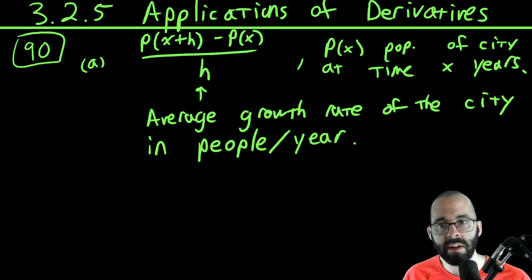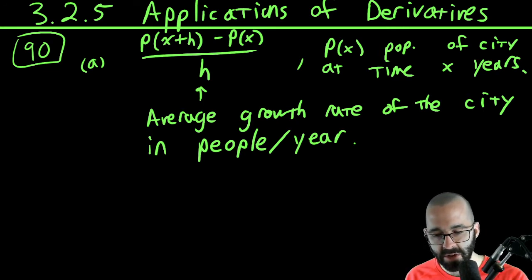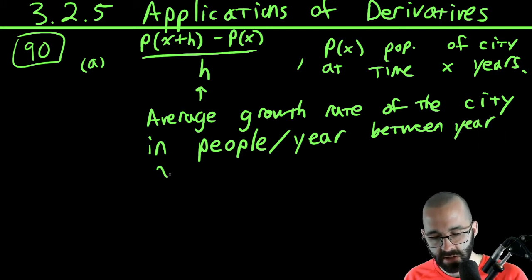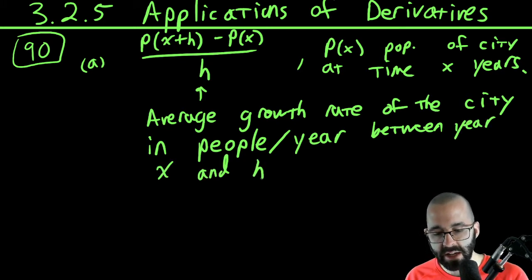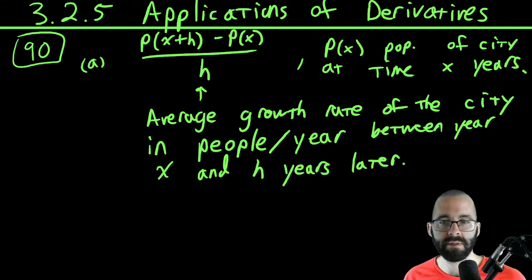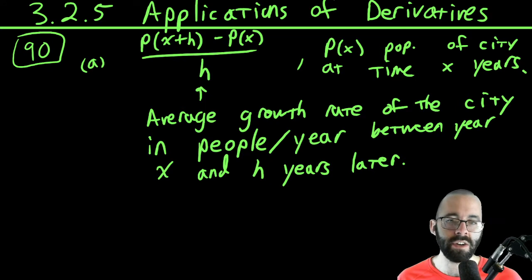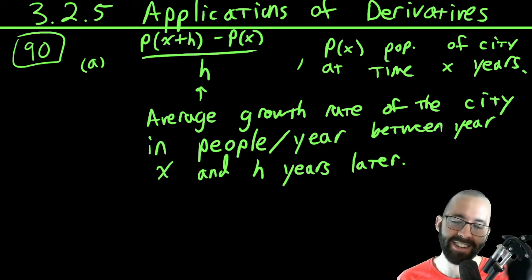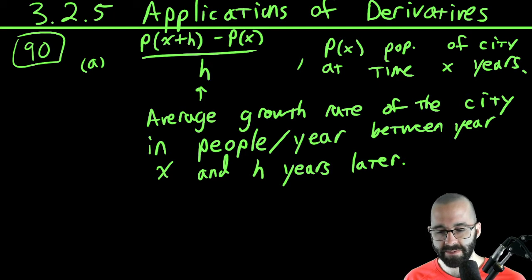And specifically, it's going to be the average growth rate in people per year between year X and H years later. Or you could say between year X and year X plus H. That would also work. Why am I doing this whole video in green? I like green, actually, so that's our answer for part A.